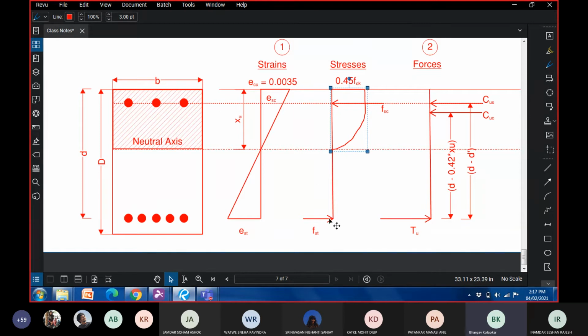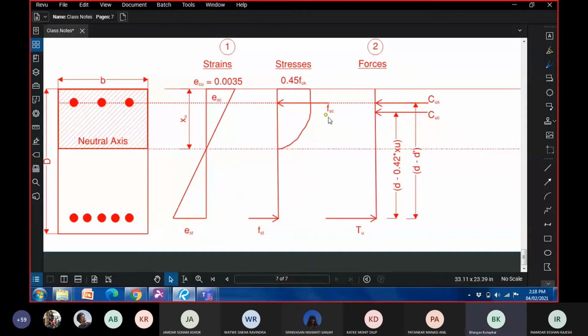It's just a small point. Similarly, the strain in all these rebars on the compression side is also the same, epsilon Sc, and hence these will have the same value of stress, which is FSC. When we multiply FSC by area of compression steel, we get CUS.